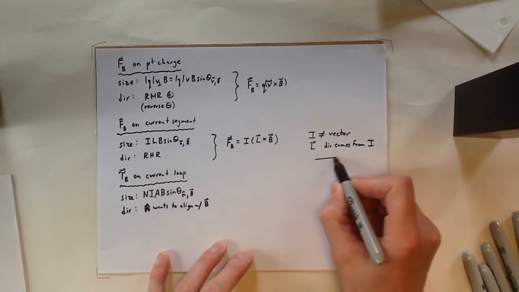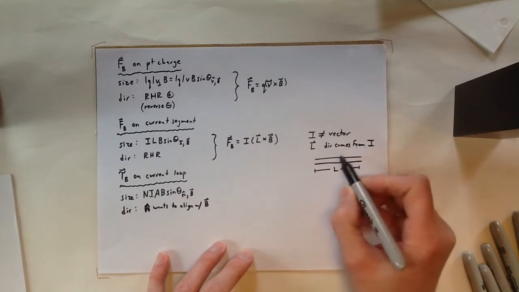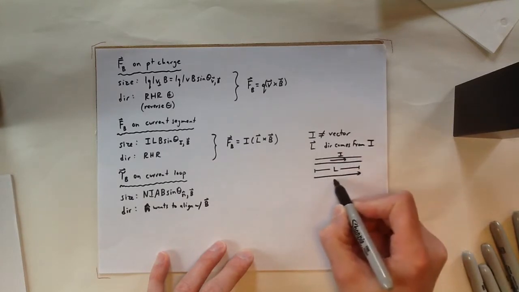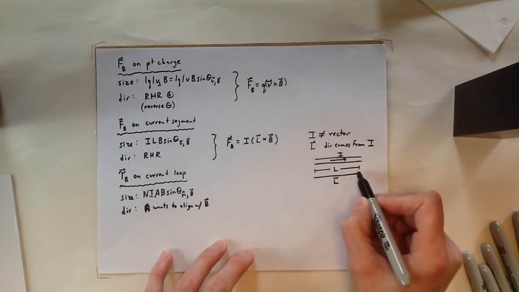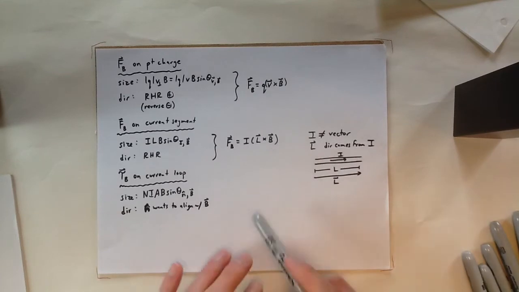So if we have, say, a length L of wire and the current flows this way in it, then the L vector is defined as the length with that direction in mind. That allows us to turn this as well into a cross product.